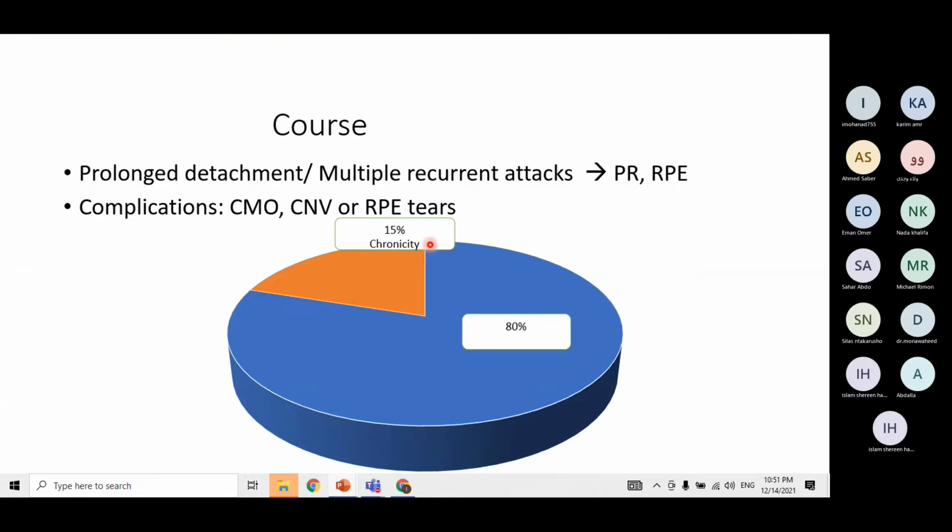We need to differentiate between recurrent CSR and chronic CSR. Chronic CSR, there is one source of leakage that did not improve over 3 to 6 months. Recurrent CSR, usually the patient will start to have an acute attack and then it resolves, and then another acute attack and it resolves. Okay?